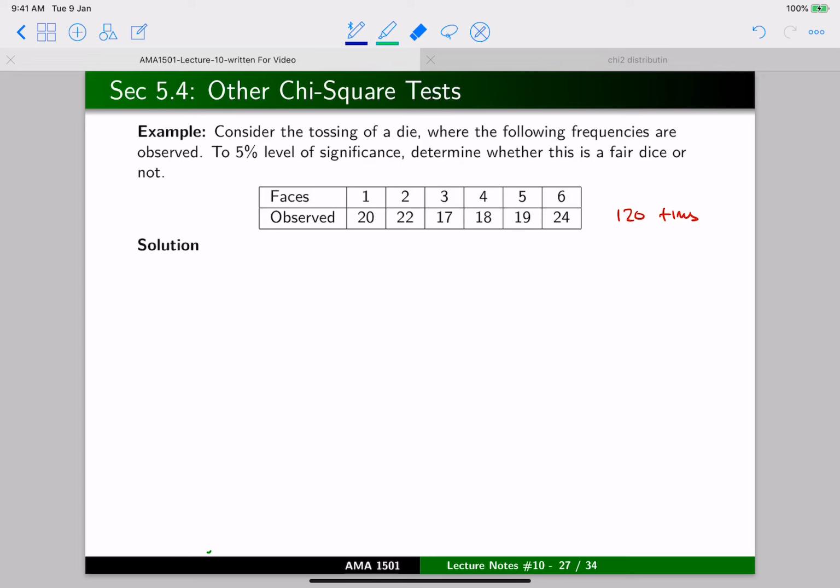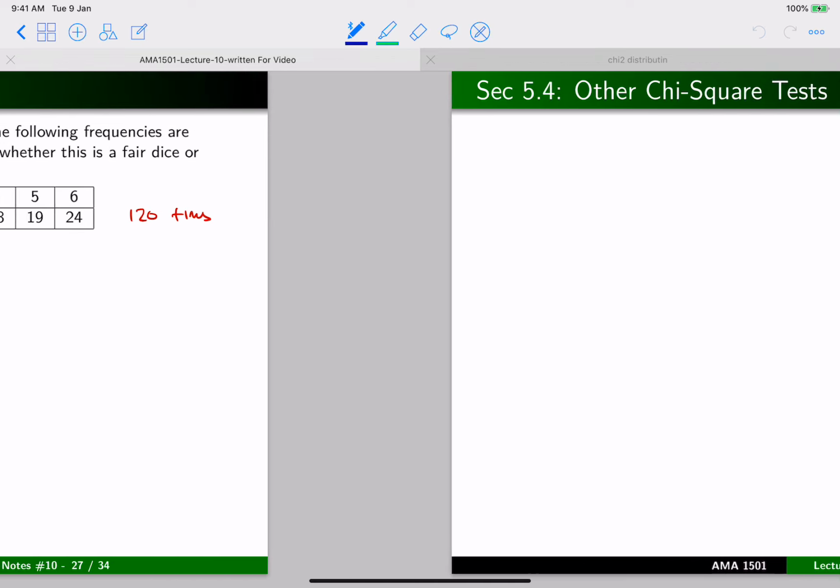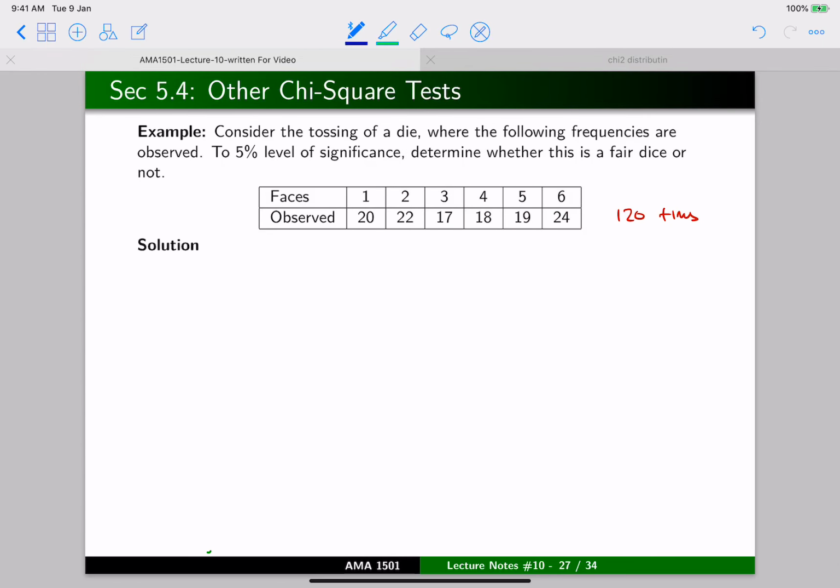Our null hypothesis in this case is that the die we threw is a fair die, and the alternative hypothesis is that it's not a fair die.